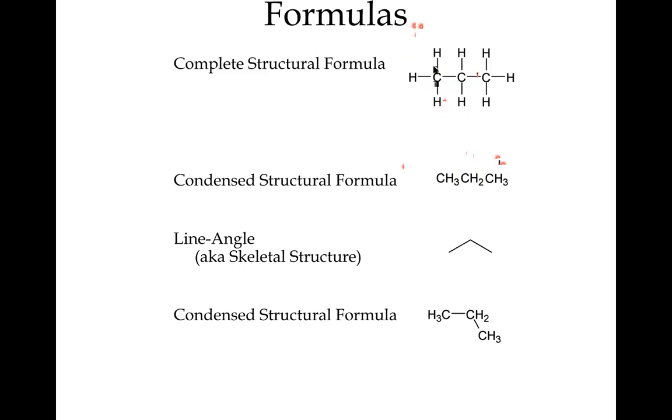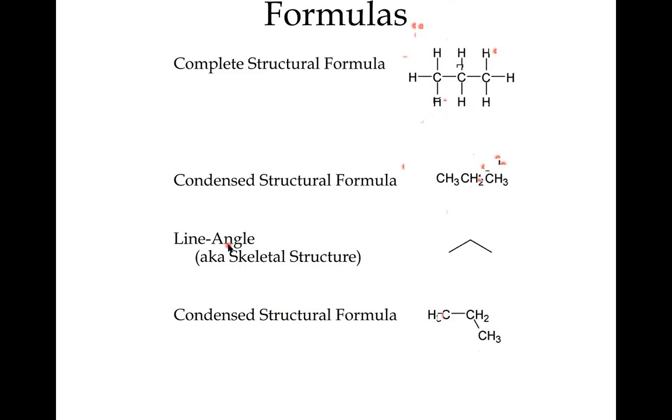So C, this first carbon and 3 hydrogens, and then a second carbon, 2 hydrogens, and then another third carbon and 3 hydrogens. That's the condensed formula. You can also write the condensed structural formula with lines here, which shows the bond angles and how it's actually arranged in space, right?